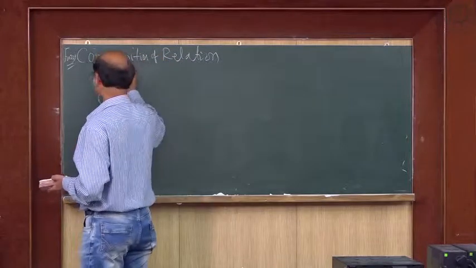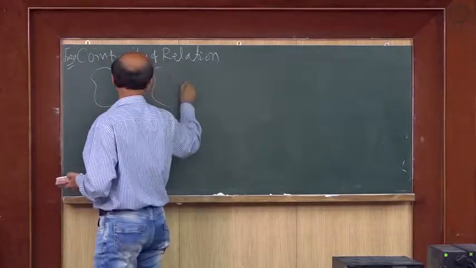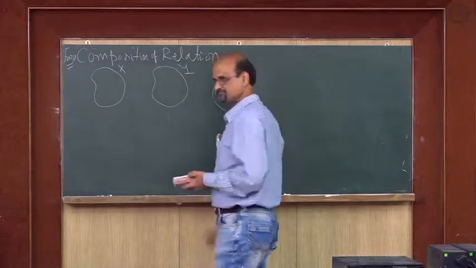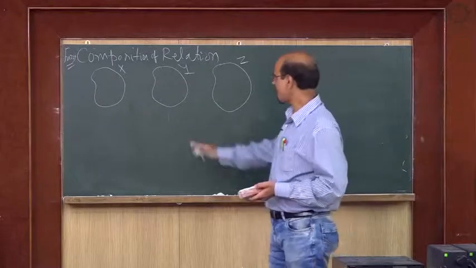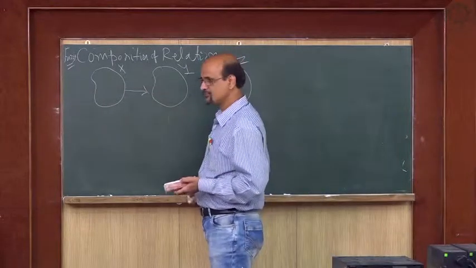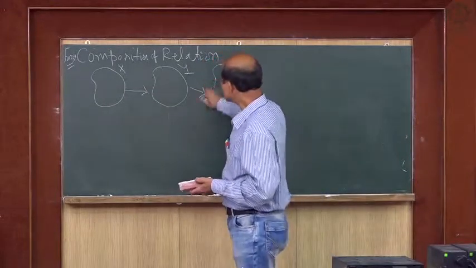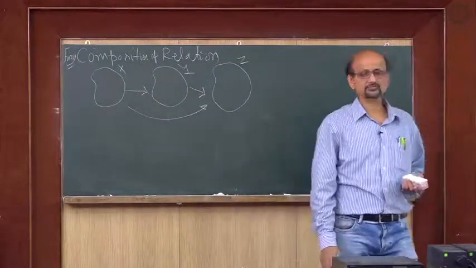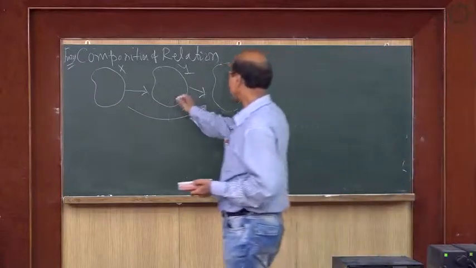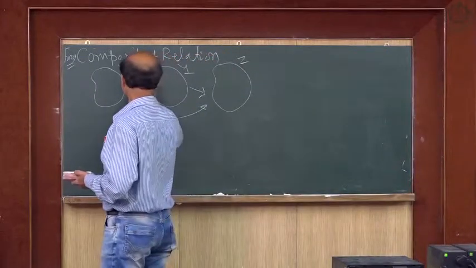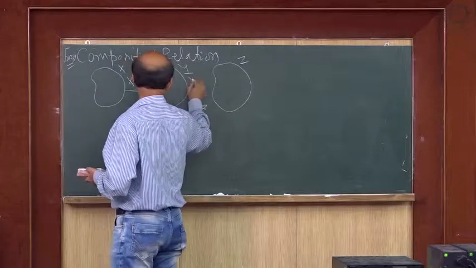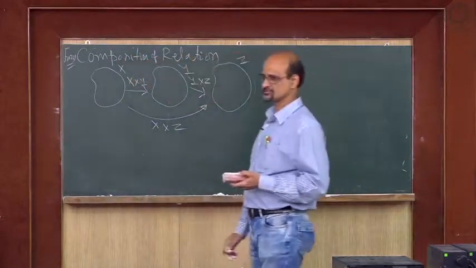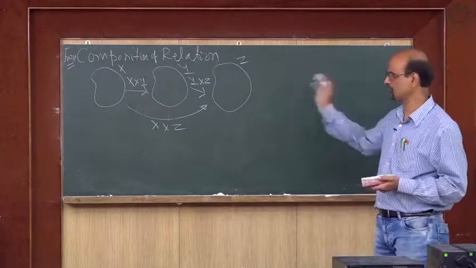Suppose I have a product space X, a product space Y, and a product space Z. I have a relation from X to Y and Y to Z, then what is X to Z? X to Y is X cross Y, and this is Y cross Z, so X cross Z is what we have to find.